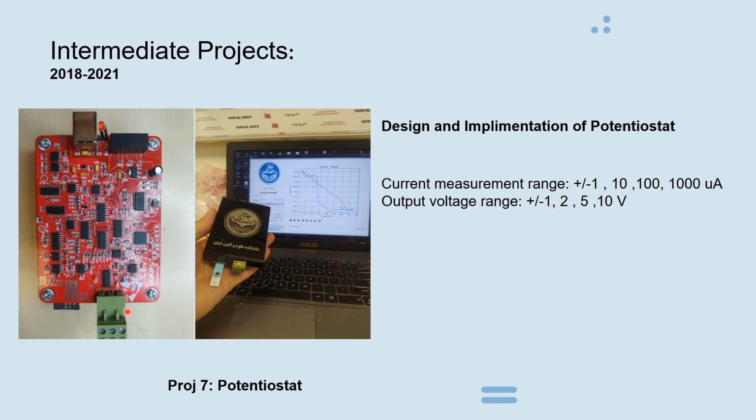And this potentiostat I designed, both hardware and software capacities are very advanced, and the user can adjust various parameters, for example, the current measurement range or output voltage range, and it's very high precision, and ideal for accurate experiments and scientific research.